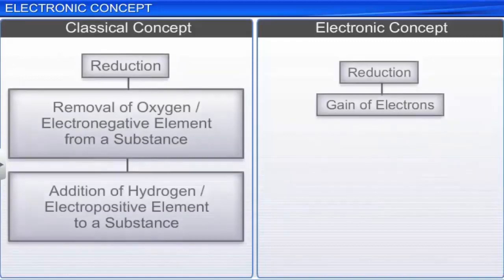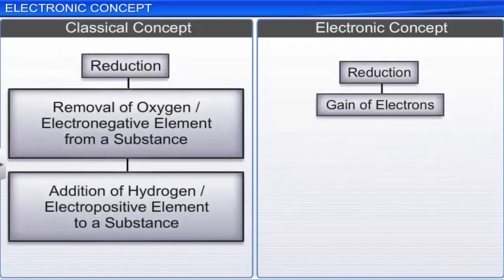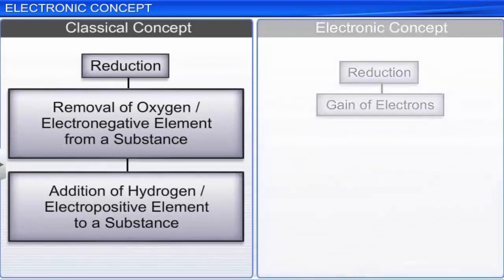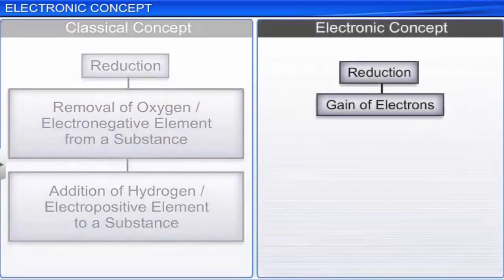We know that reduction is the opposite of oxidation. The classical concept defines that too in terms of addition or removal of elements. The electronic concept defines it as gain of electrons.